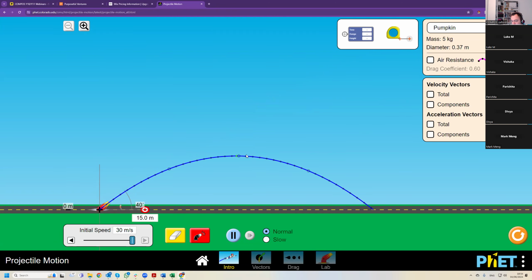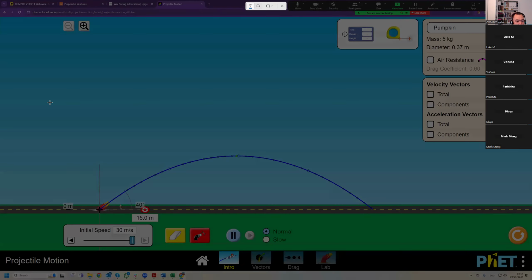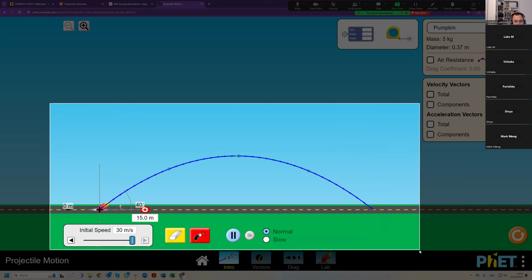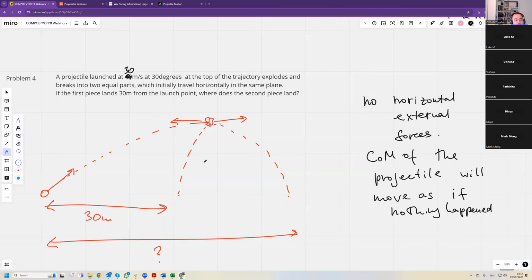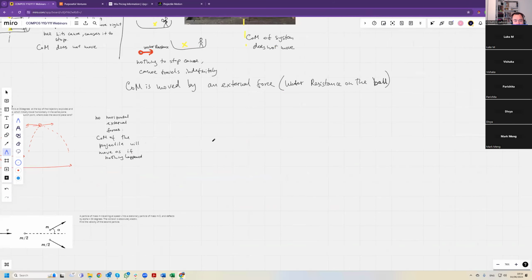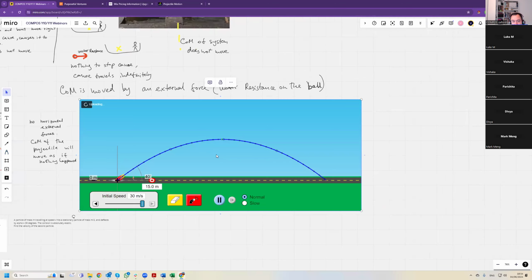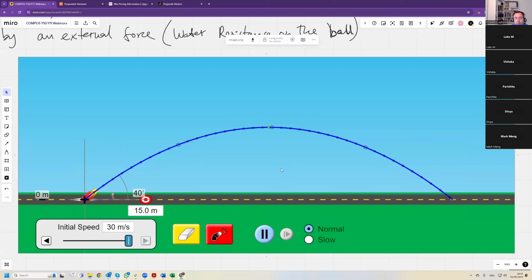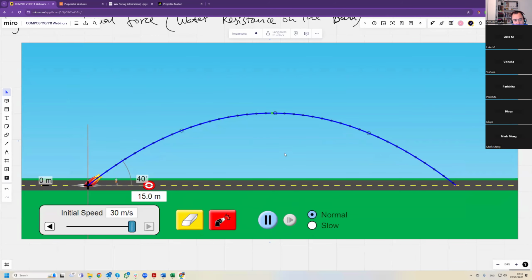Okay, so here's a diagram. So if the projectile did not break, the center of mass would travel along the blue line.